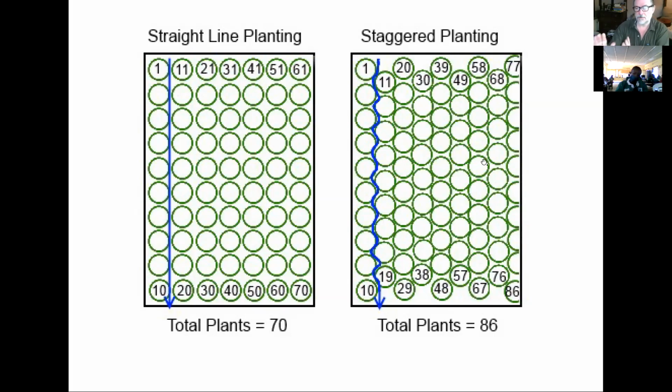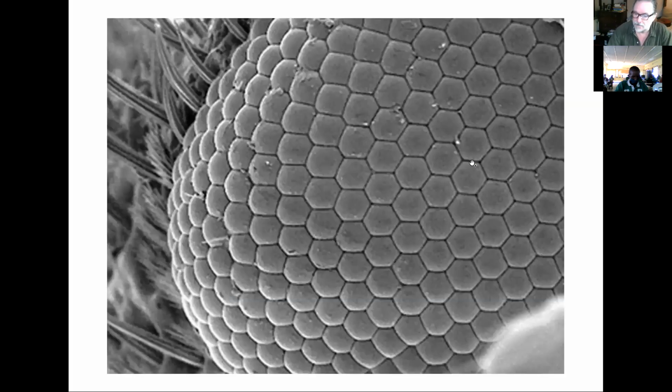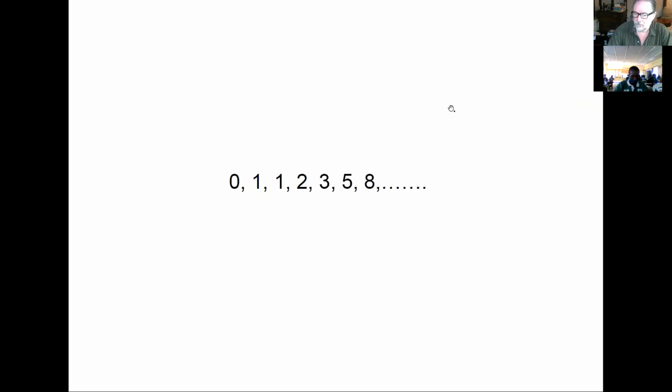We should try to make things look the way that fulfills the functions we've identified in advance. Again, back to the eye of the fly, these very interesting hexagons joined together, making a curved surface. Okay, we'll come back to that.